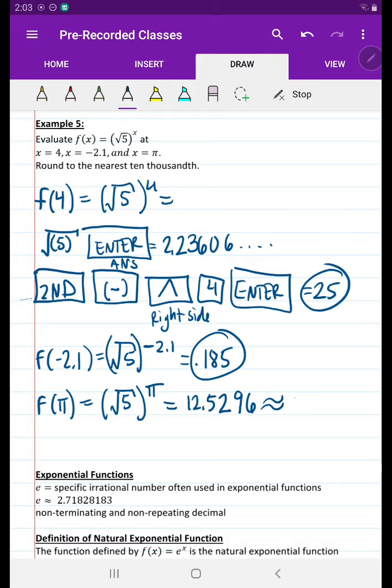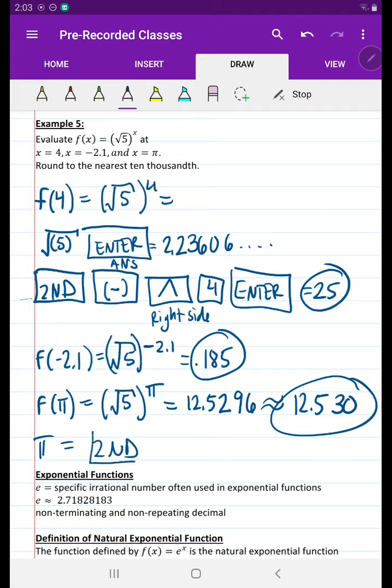So we'll round this to 12.530. Okay, so to find pi, if you need to do this again on your calculator, pi is just the second button and then the exponent button on the right side of your calculator, and you can see on top of that exponent button there's a little symbol pi. Okay, so that's how we get to that.